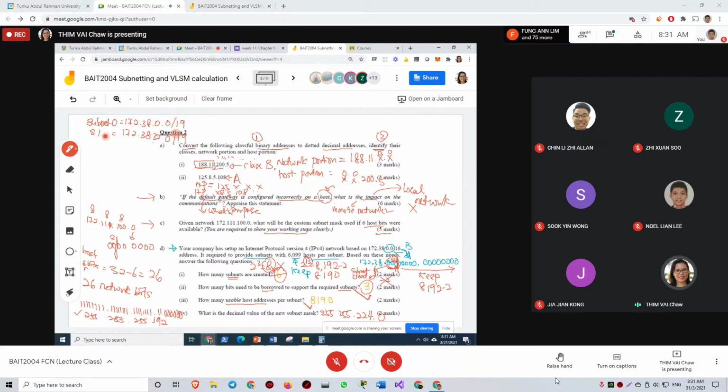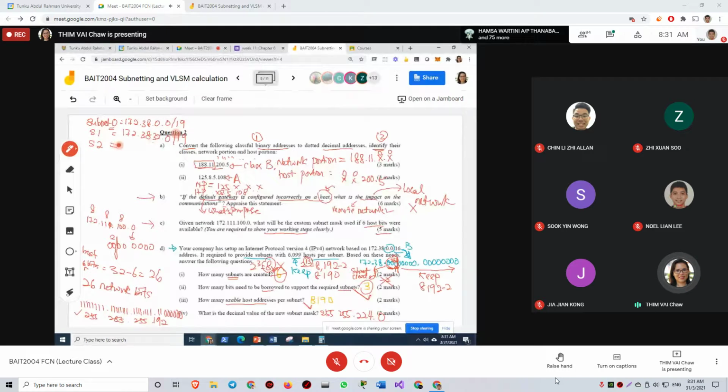So this will be subnet 1, also known as the second subnet. Cisco always uses subnet 0 to refer to the first subnet. Subnet 1 is the second subnet, subnet 2 is the third subnet.